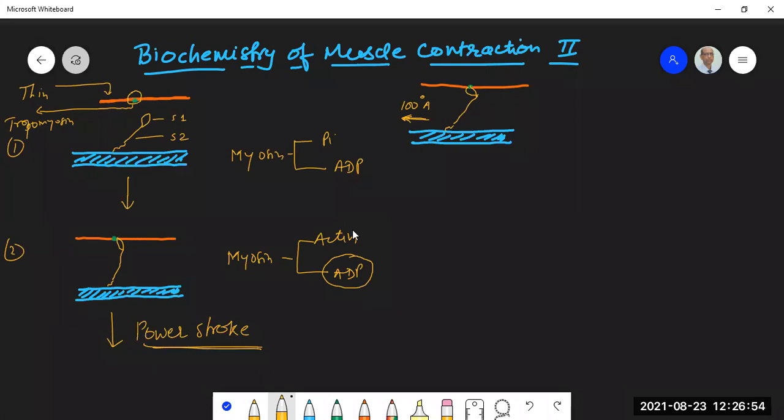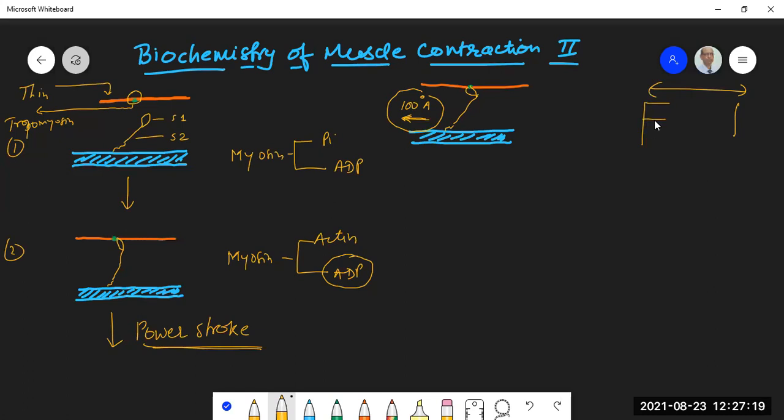And this is taking place in every single cell of the muscle. We are talking of just one muscle cell here, but with the coordinated action of so many muscle cells, the muscle gets contracted. In every power stroke, the muscle gets contracted by 100 angstrom units towards the center of the sarcomere. This is the sarcomere, let's say.